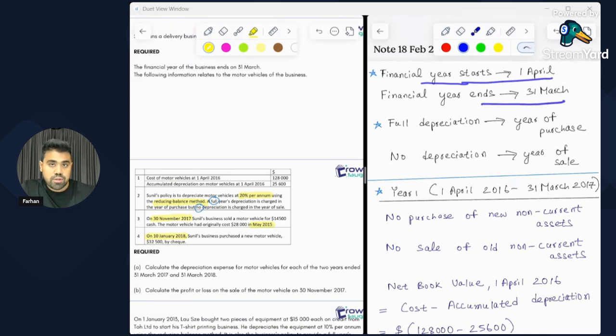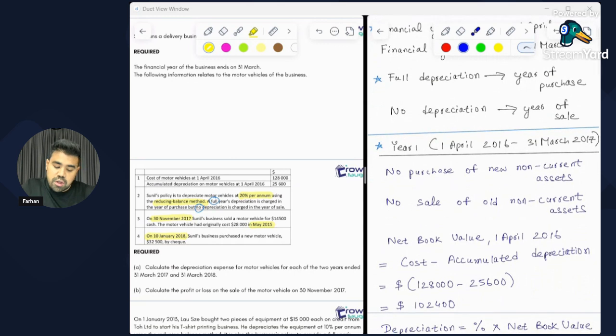This is very important because this is also the clear reason behind how we calculate depreciation expense in a given year. Full depreciation is to be charged in the year of purchase, and no depreciation is to be charged in the year of sale. So let's look into the first financial year, which starts on 1 April 2016 and ends on 31 March 2017.